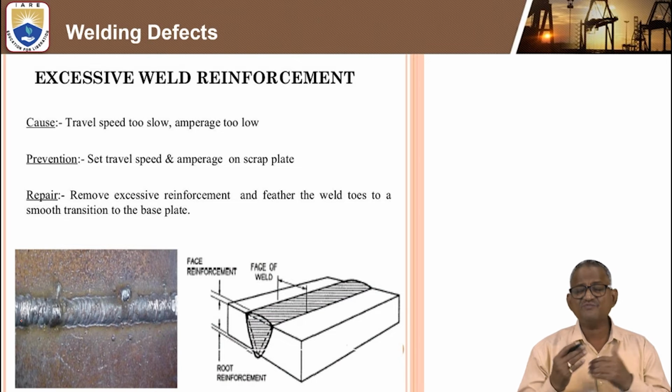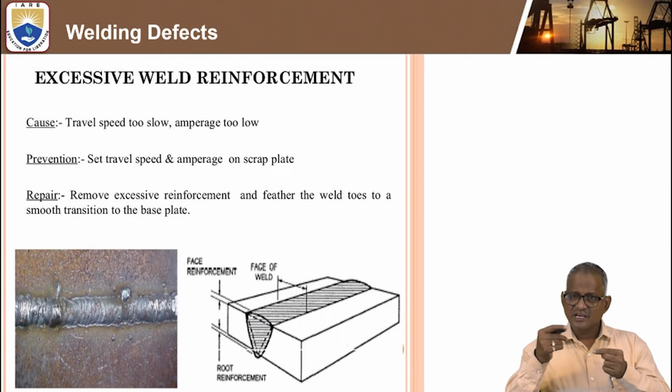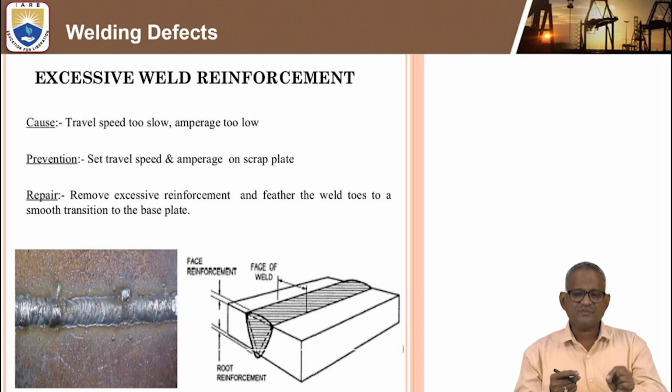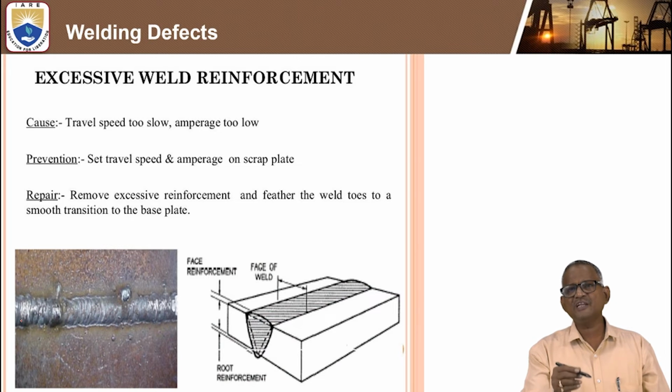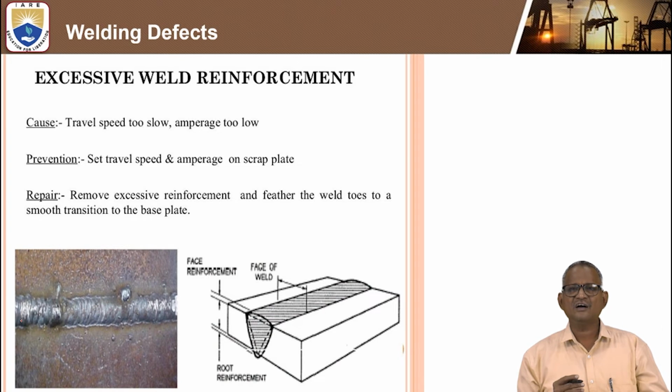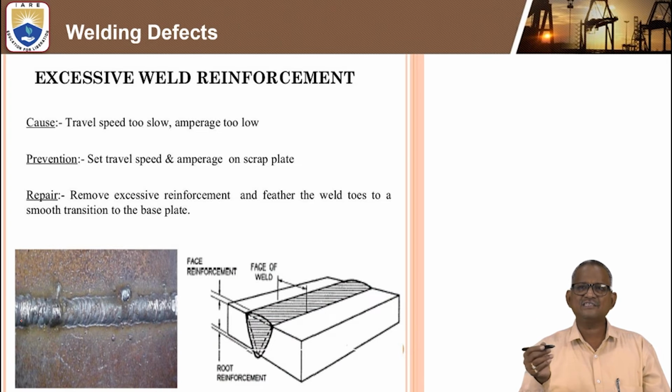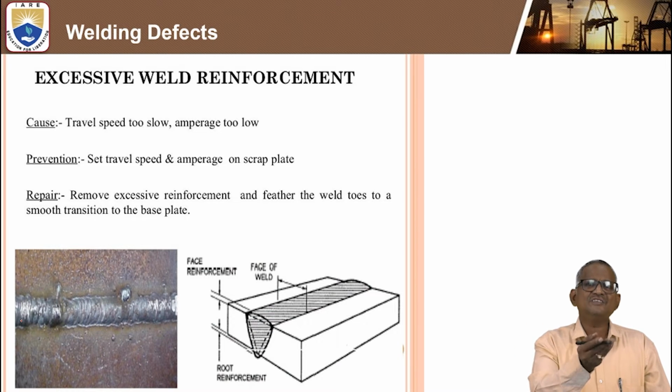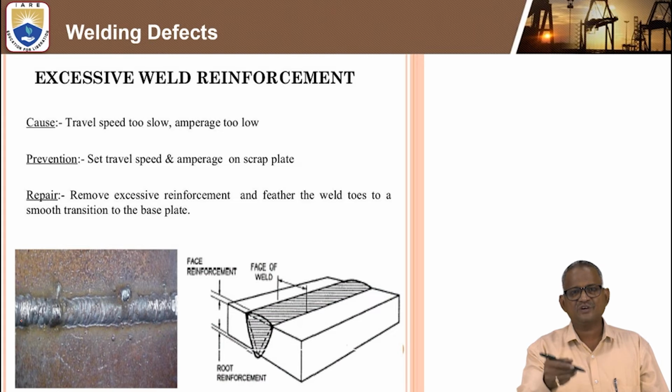What is meant by reinforcement? Reinforcement means that while performing the welding, it should have some good strength. Immediately after performing the welding process, you can take some mechanical properties like strength, toughness, etc. While testing that strength, if you are not achieving good strength, definitely there is some excessive weld reinforcement.